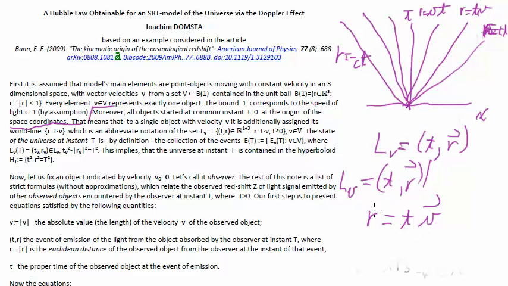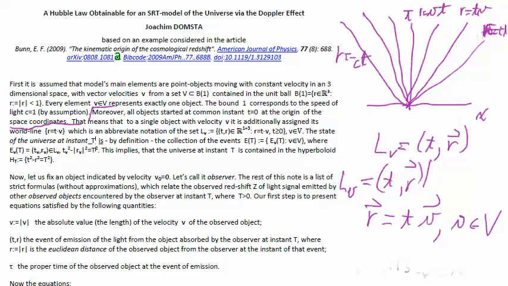So r is t times v, so it's time times meters per second. V is in V, so that's that discrete set of velocities in the unit ball, limited by the speed of light.